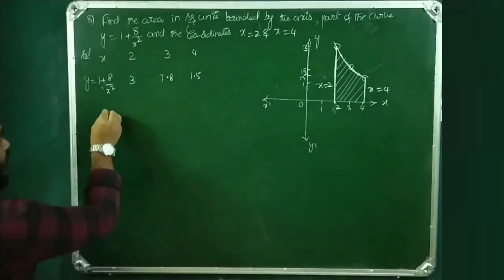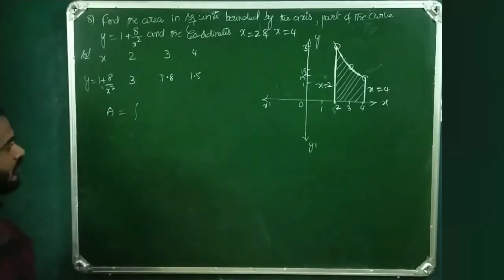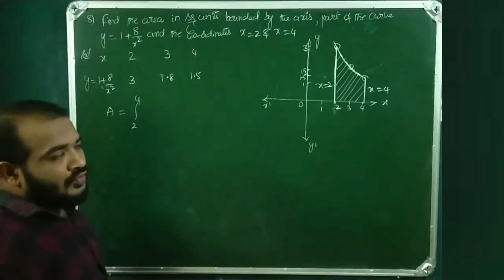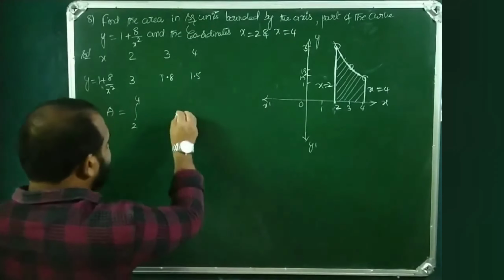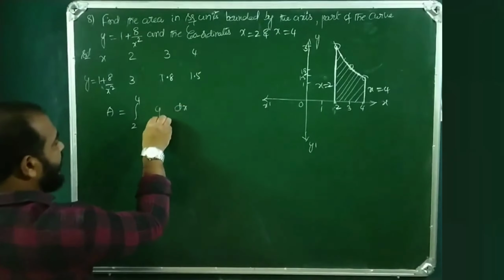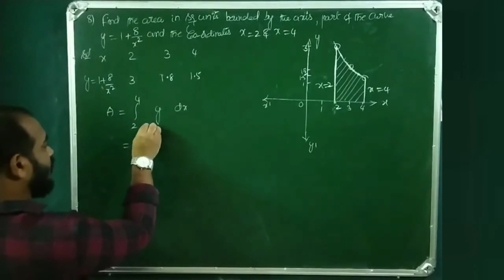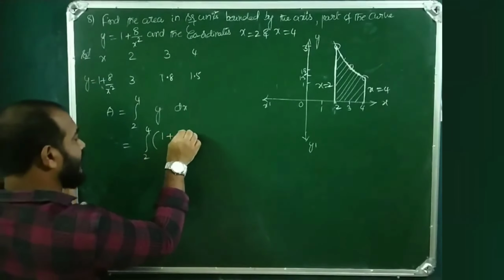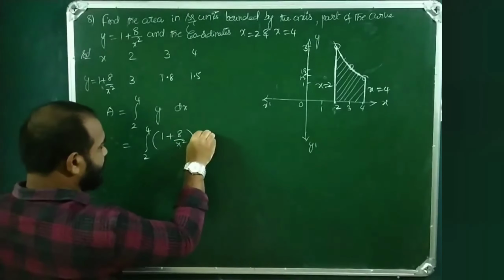So therefore, area A is equal to the integral from 2 to 4. 2 to 4 are the limits of x. y dx, so from 2 to 4, y is 1 plus 8 by x square dx.